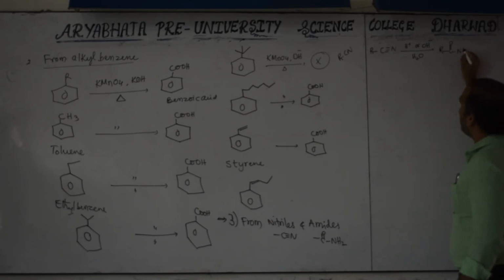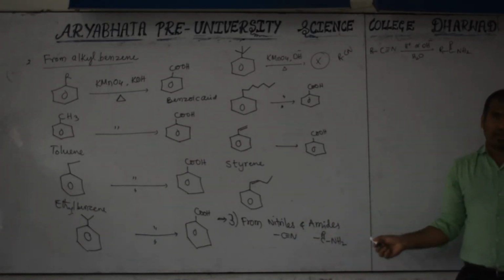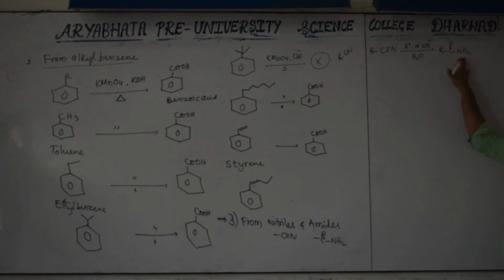That's why the heading is from nitriles and amides. Initially it gives amide. Next, again in presence of H plus or OH minus, acidic or basic hydrolysis, and a little bit of heat, it converts into R C double bond O H.